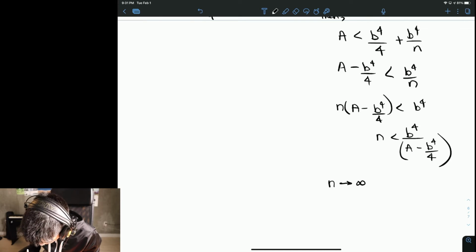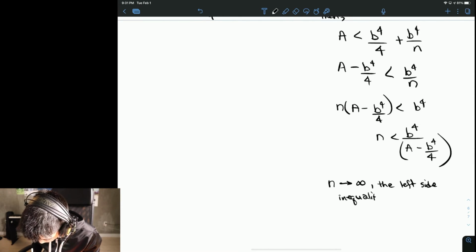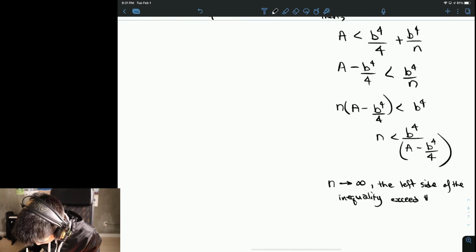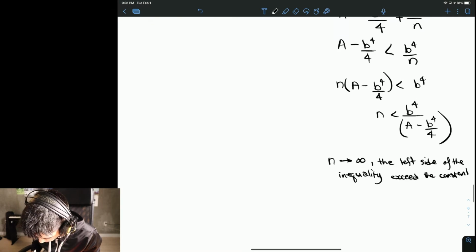The left side of the inequality outgrows the right side, exceeds the constant amount, because the segment width never changes, right?